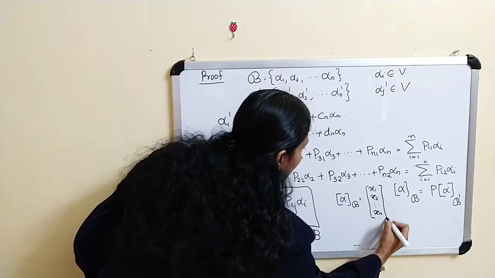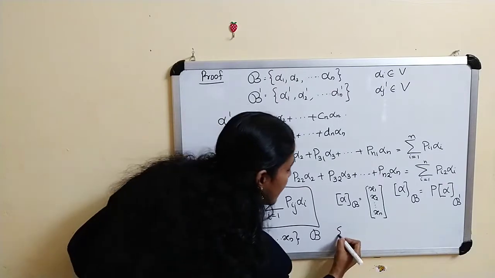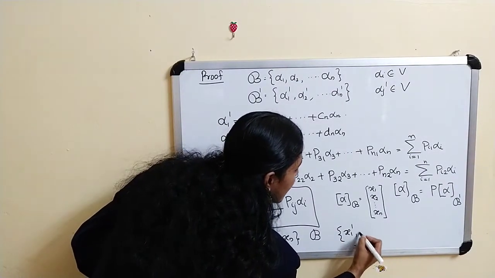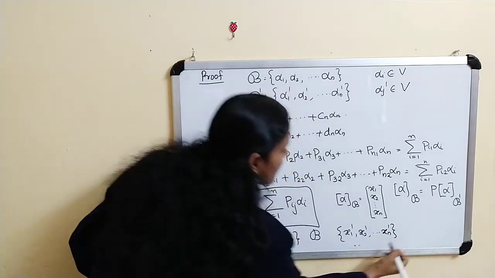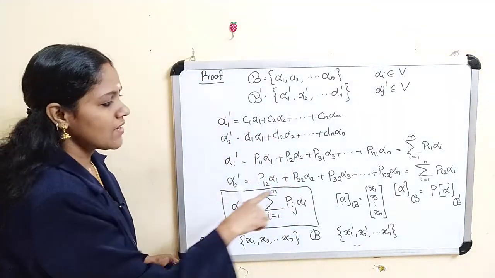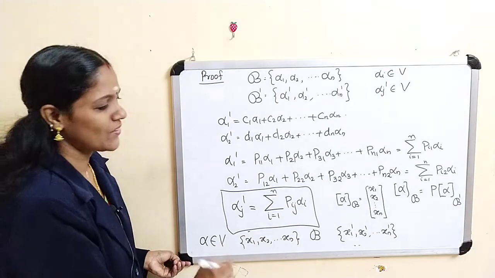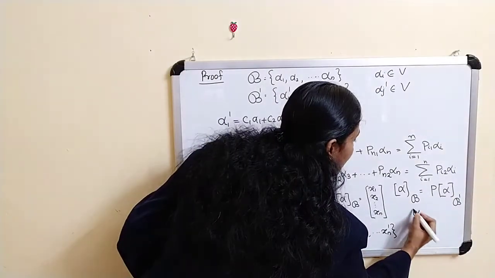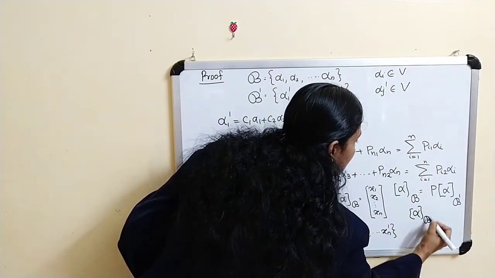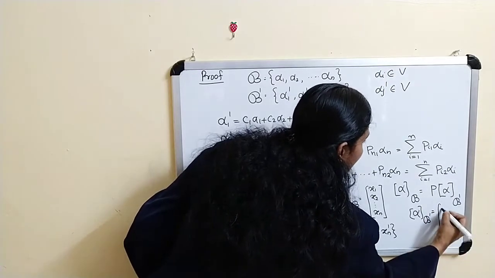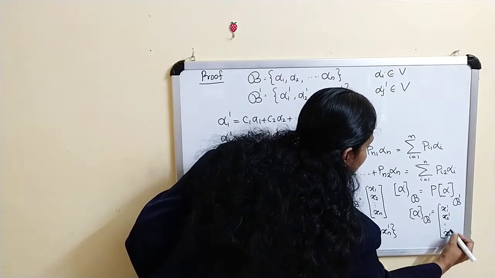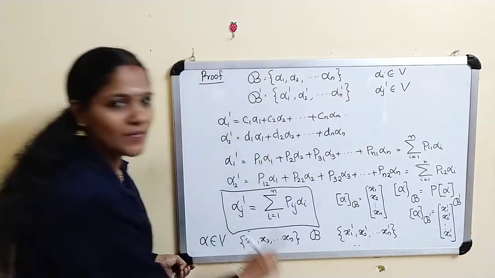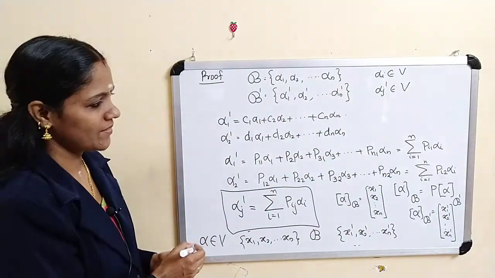And let x1 dash, x2 dash, etc., xn dash be the matrix of alpha related to the basis B dash. Then that means the matrix of alpha related to the basis B dash is equal to x1 dash, x2 dash, etc., xn dash. Clear?